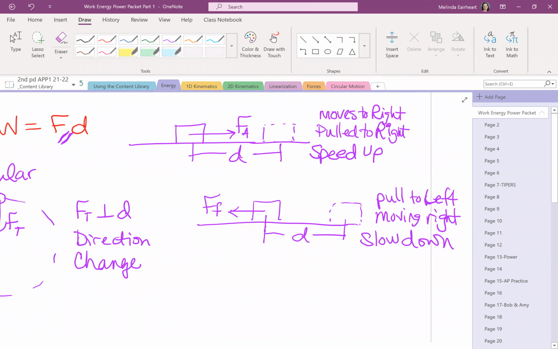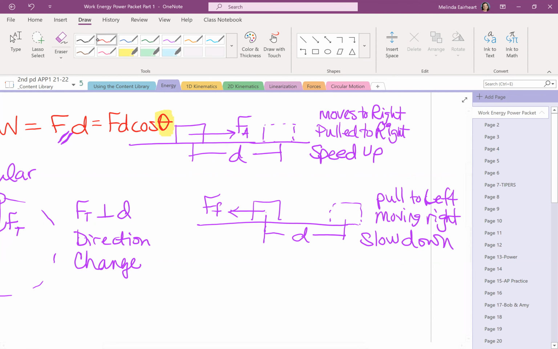They are parallel, so work is being done. But to take it one step further, another version of your equation, by the way, both of these that I'm writing appear on your formula chart. If you have one nearby, you can find work equals a parallel force times distance, or you can write it as FD cosine theta.